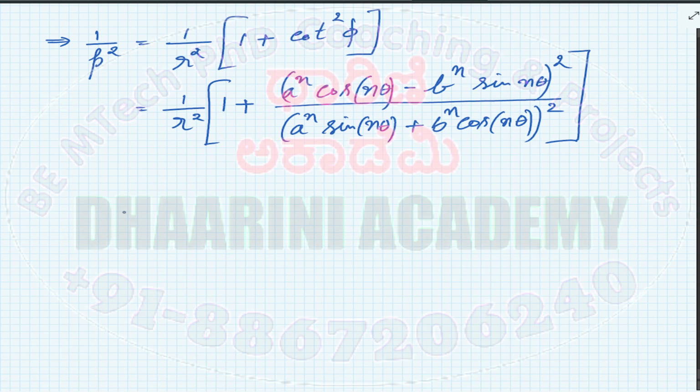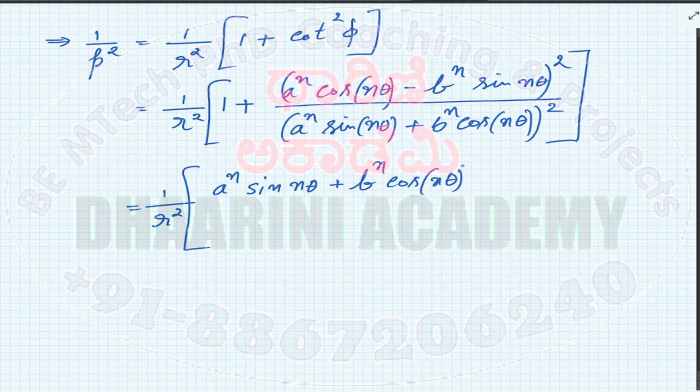Alright, so this is equal to 1 by r square into, now I take a common denominator, whatever is the denominator will come at the location of 1. So this is a to the n sine n theta plus b to the n cos n theta. This was the denominator which was actually having a square, plus the actual numerator which is already there.